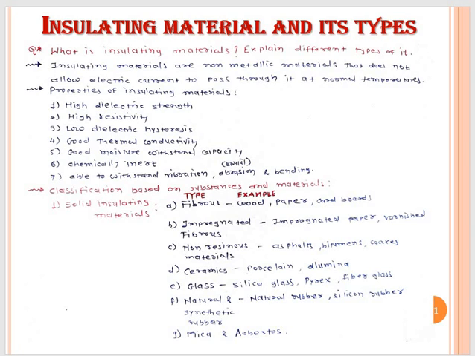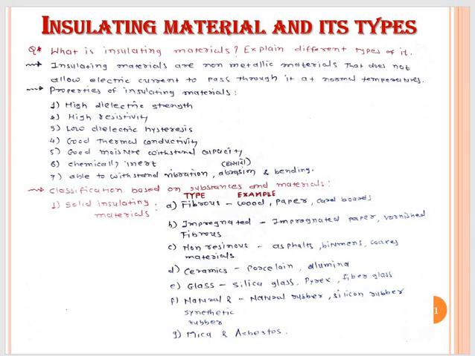The question is: what are insulating materials, and explain the different types of it. First of all, insulating materials are non-metallic materials that do not allow electric current to pass through them at normal temperature.